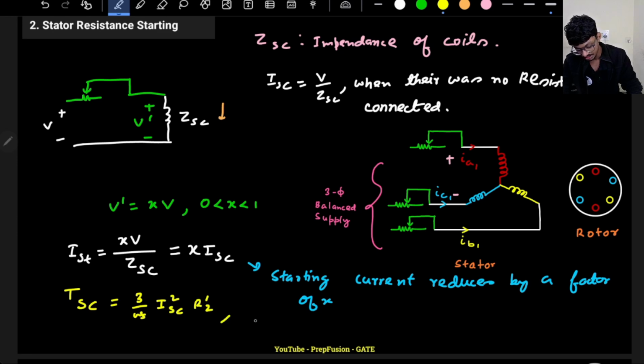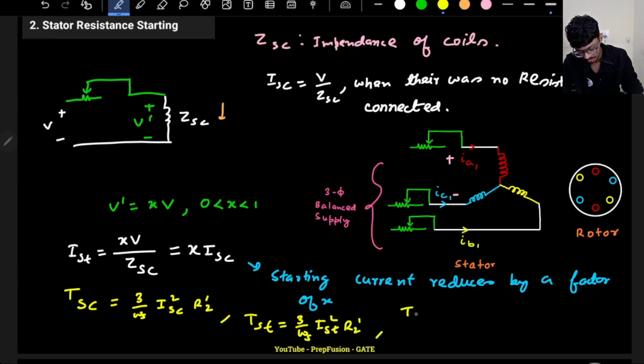The starting torque here will simply be 3 upon omega s, everything else is the same, into I starting whole square into R2 dash.